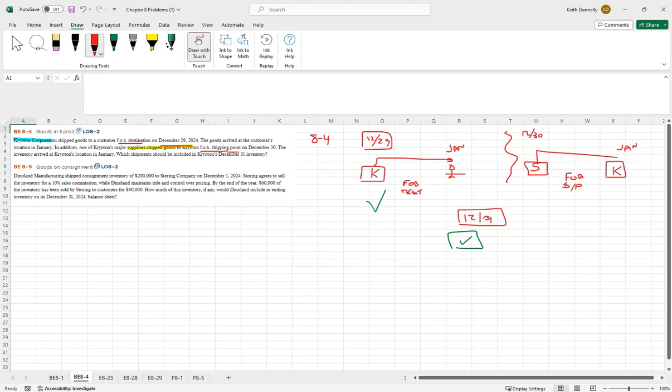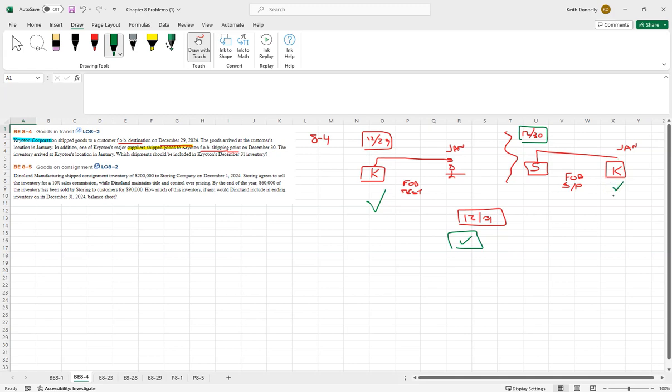Over here, if we look at this one, in this case it is FOB shipping point. They're shipping it to us on 12/30. As soon as they ship it, it's not their responsibility anymore.